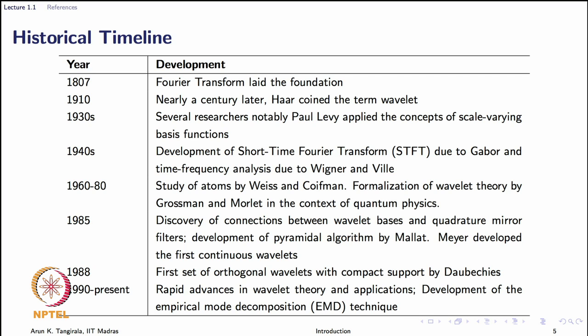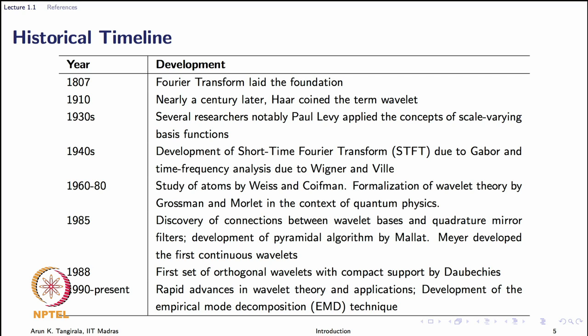So, to give you a quick historical timeline, the origins of signal analysis in the frequency domain start from Fourier's work more than 2 centuries ago, and then gradually people found the utility of the Fourier transform. But more importantly, about 100 or 120 years later they figured out that there are certain limitations of Fourier transforms when it comes to the analysis of so called multiscale systems, and then efforts to devise improvements to the Fourier transform began.